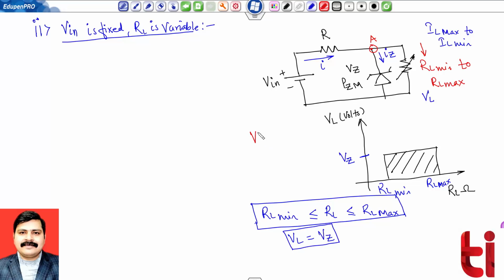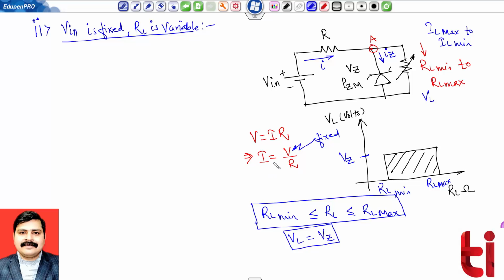Ohm's law: V equals I into R. So if I want to find the value of I, it is simply V divided by R. The interesting outcome is that V is fixed here. If V is fixed and R is variable, I will also be variable, and both have an inverse relationship.